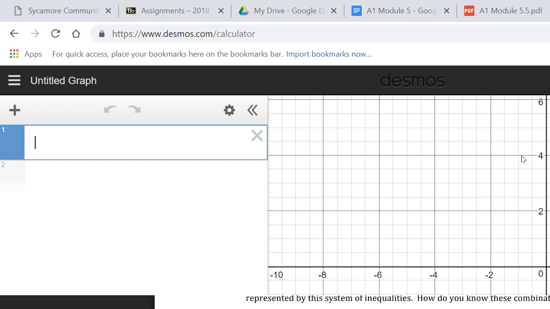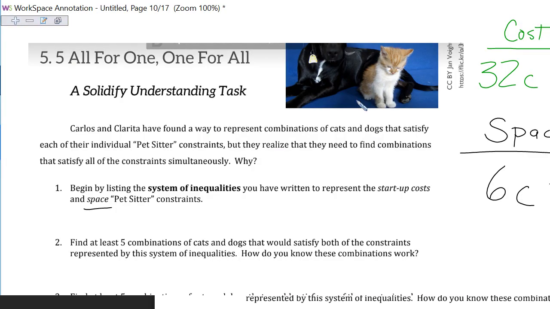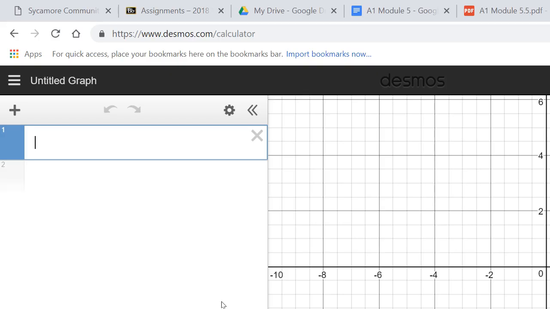So if I just go back to this real quick, 32X plus 80Y is less than or equal to 1280.